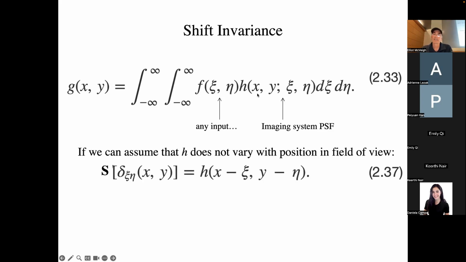And this is the characterization of our imaging system. It's the point spread function or the impulse response function.